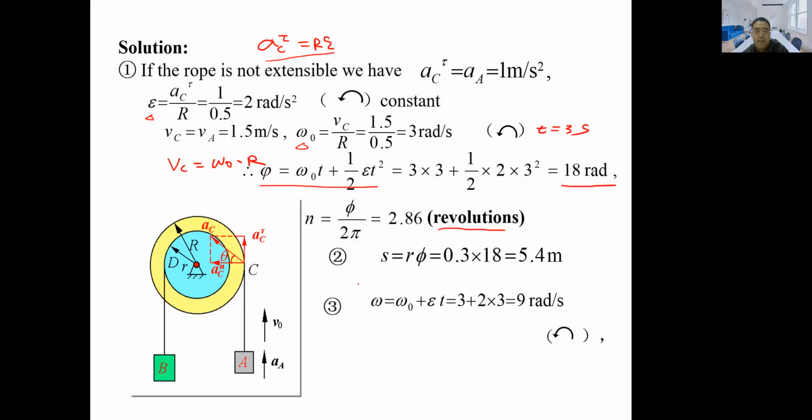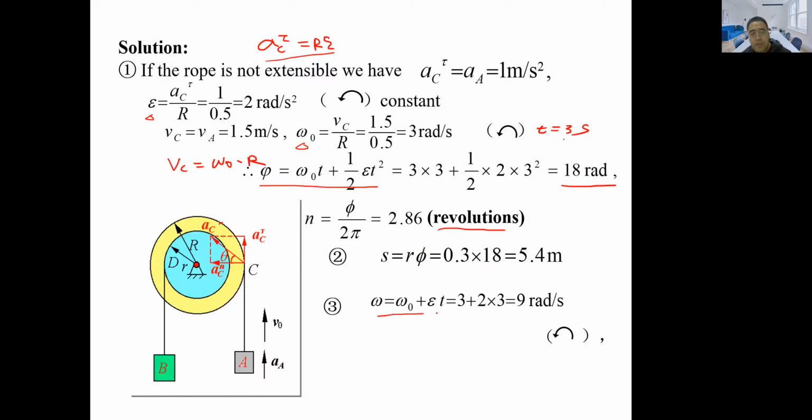For the second one, because the arc length is r times phi, the smaller radius r is 0.3 meters times 18 radians, the whole angular displacement in 3 seconds. So S equals this.